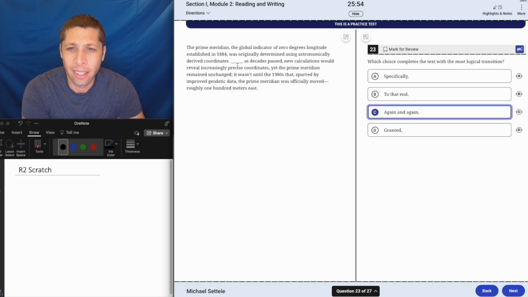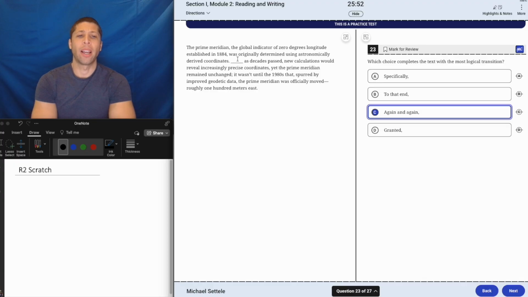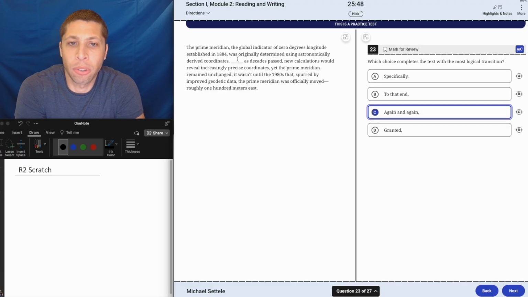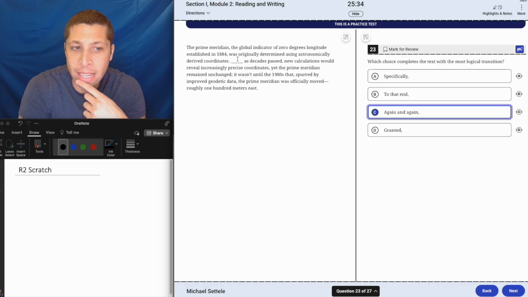Could that be it? Because time is passing, so that's a time one. It was originally determined using, again and again, as decades pass, new calculations would reveal increasingly precise coordinates. Because they kept doing it. But it wasn't until the 1980s.